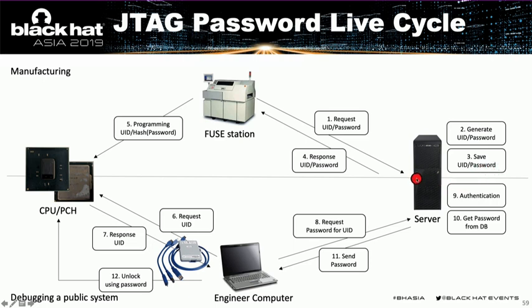After that, it responds to the fuse station with this unique ID and password. The fuse station programs the unique ID and a hash of the password into the CPU or PCH. It's all at the factory.